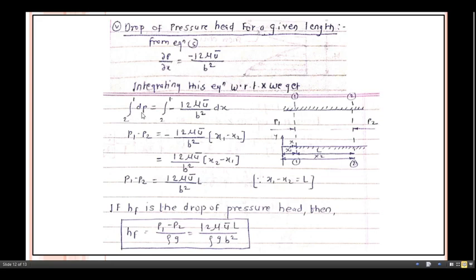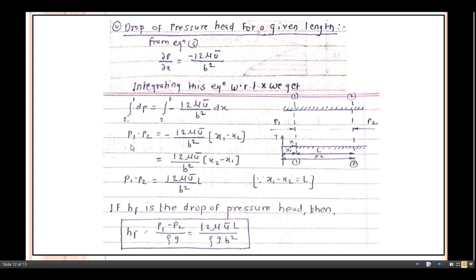We keep dP on the left side and take dx to the other side. While integrating, instead of dabba we just write dP. So integration from 2 to 1 of dP equals integration from 1 to 2, sorry, of minus 12 mu u bar by b square, dx, where this term remains as it is.